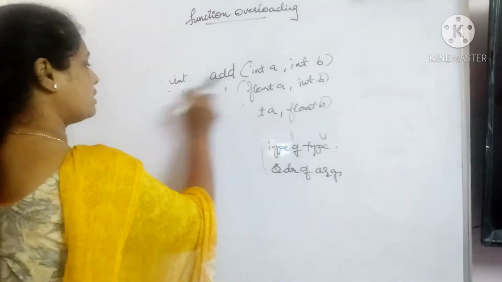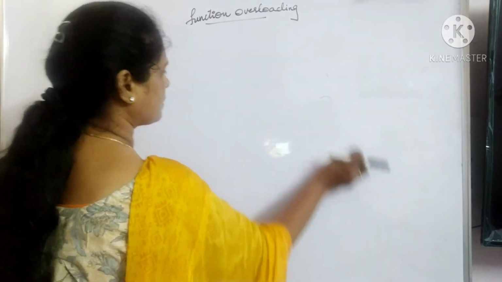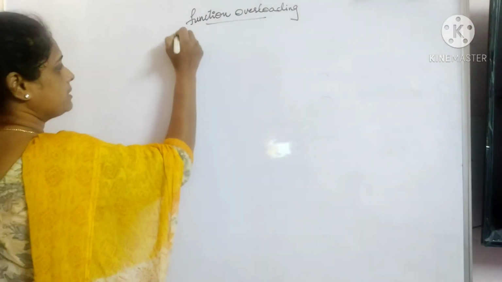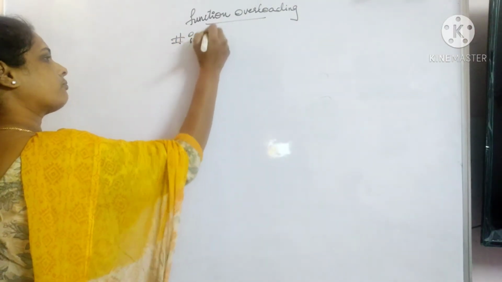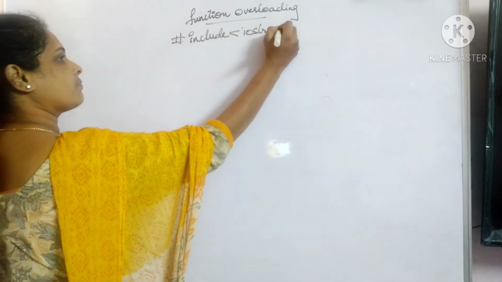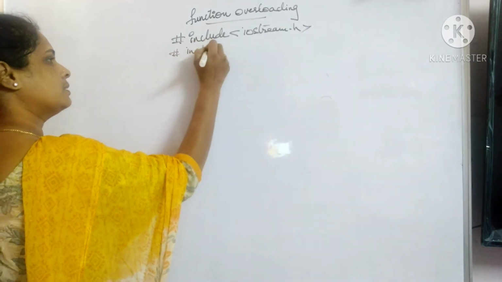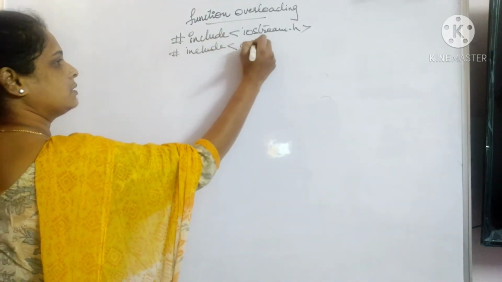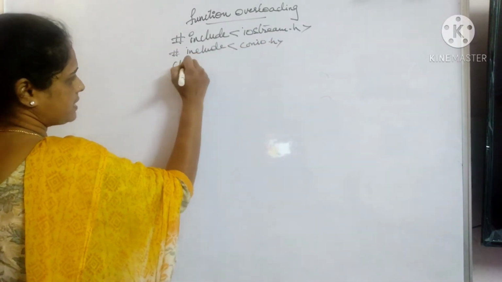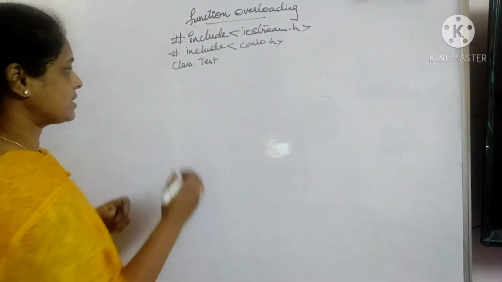Okay, so we'll take an example program and do the same here. We'll create a program. We include iostream.h, then include conio.h, then we'll take a class test.